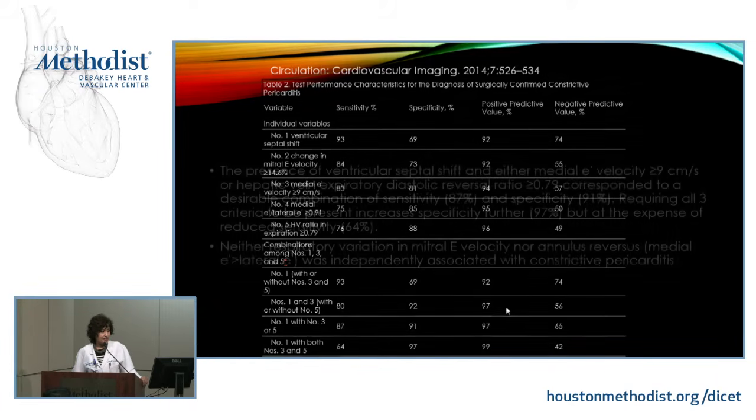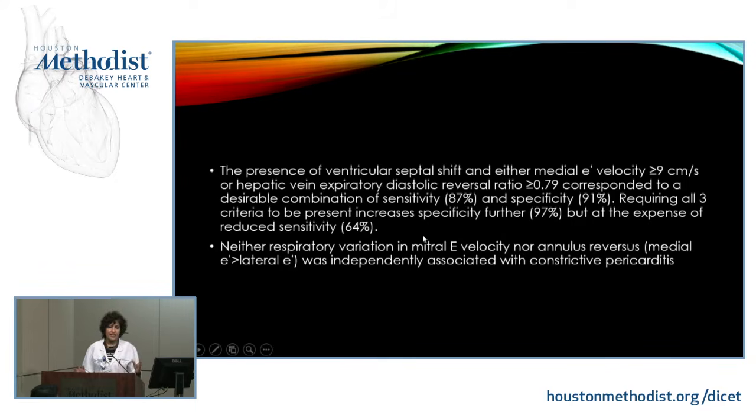And so if you use it in a case where you have respirophasic septal motion, a medial E prime velocity of greater than 9 centimeters per second, and an expiratory diastolic reversal, you're going to be very specific for constriction if you have all those 3. Obviously, in all constrictive pericarditis, you're not going to have all present.